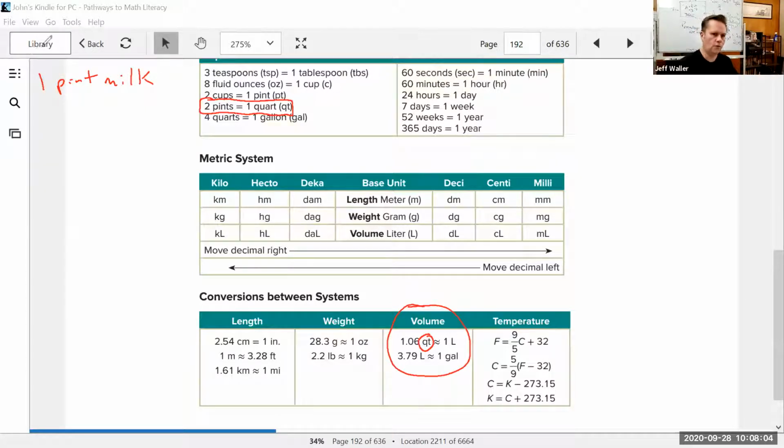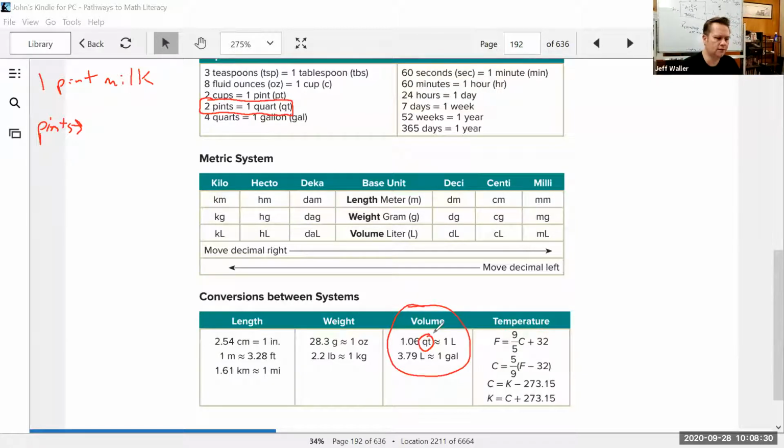Okay, we're back on 205. That's right, the problem's on 205. So what's the path I'm going to take? How can I get from pints to liters? What's the middleman going to be? Don't bring any numbers in.